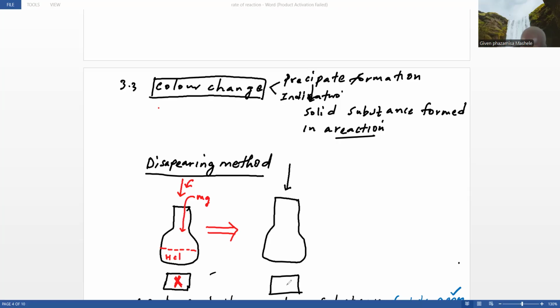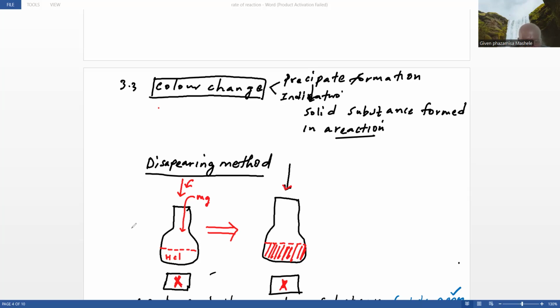Let's say as time continues, you find that a product or a gas is being formed. Obviously, when a gas is being formed, when you look from this side, you are no longer able to see the mark. The mark will start to disappear. So this is referred to as color change.